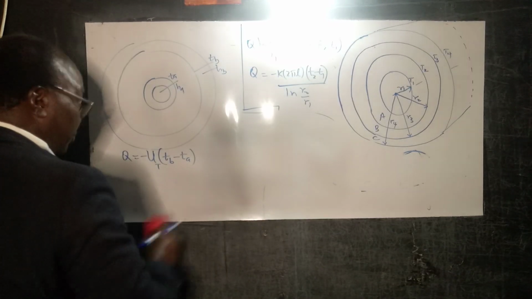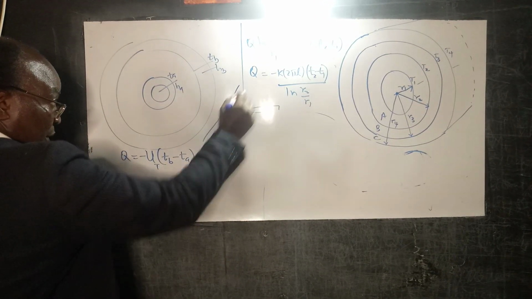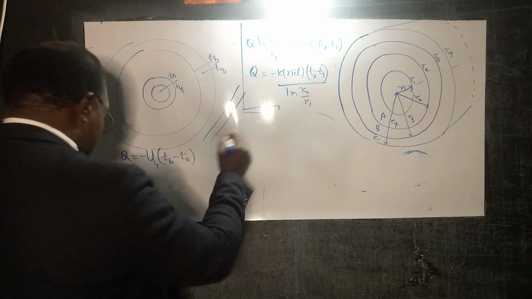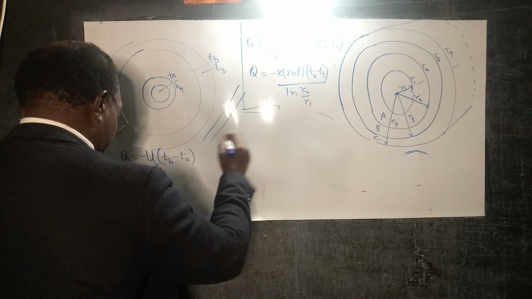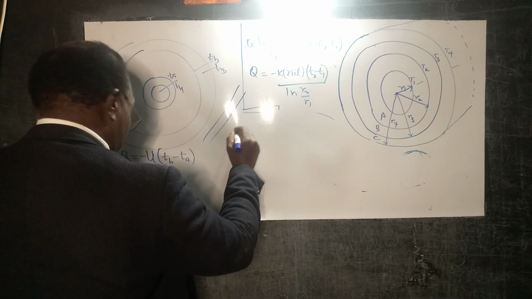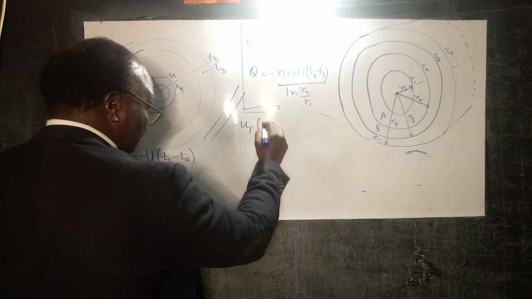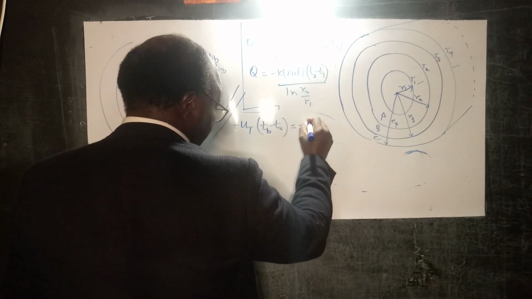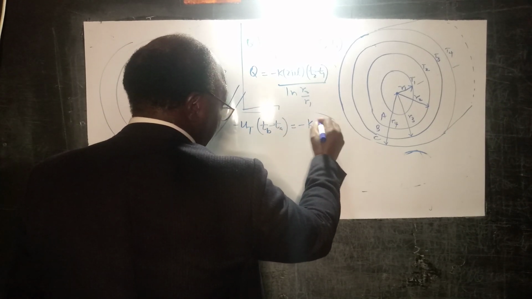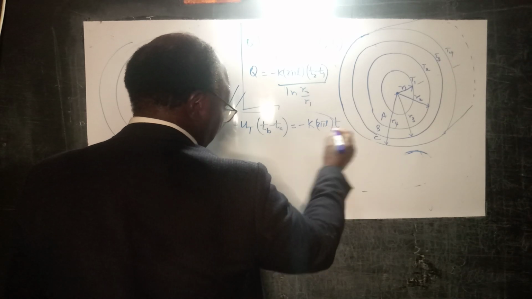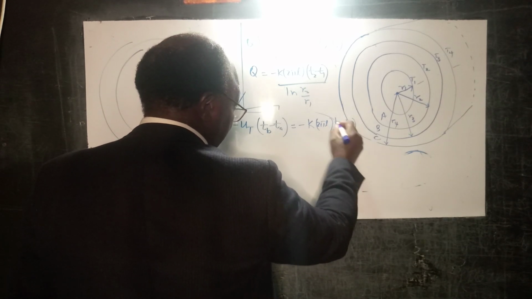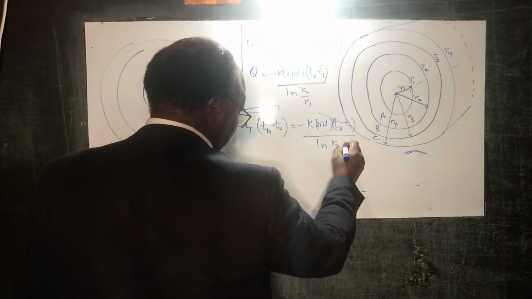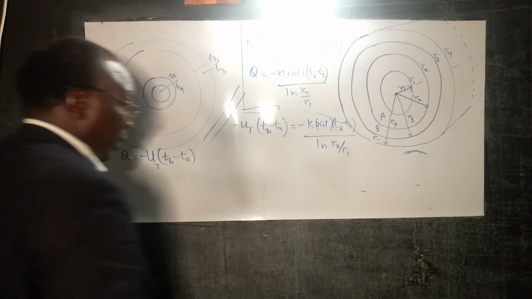So now, when we relate the two, because they're equal, we have that minus U into TB minus TA is equal to minus K 2 pi L, T2 minus T1 over natural log of R2 over R1.